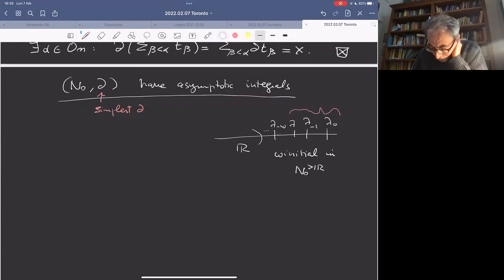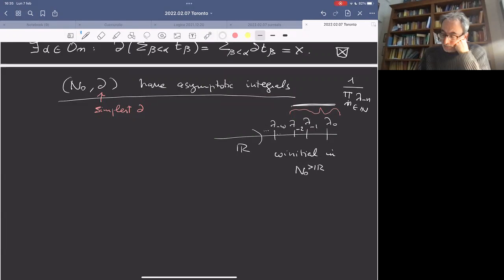At some point, however, once you have all these lambdas, you may form 1 over the infinite product of the lambda minus n for n an integer. And this guy doesn't have an integral among the ones below lambda minus omega, but it has an integral, which is lambda minus omega.